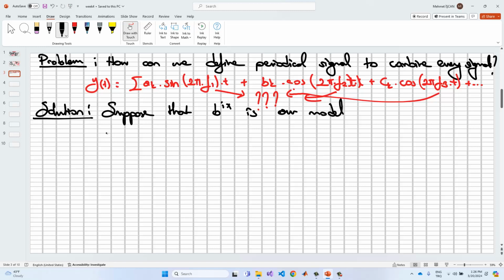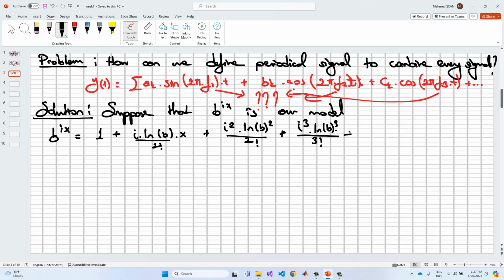Then we can expand the Taylor form of this term: 1 plus i ln b x plus i squared times (ln b x) squared divided by 2 factorial, plus i cubed (ln b x) cubed divided by 3 factorial, plus and so on. We can expand it, right?